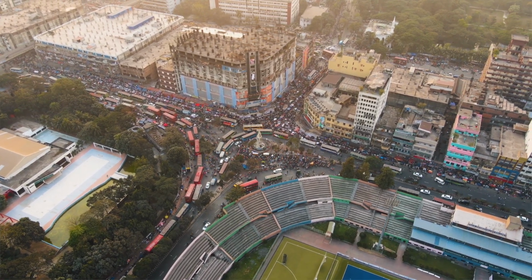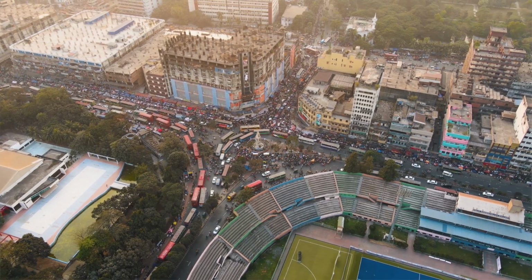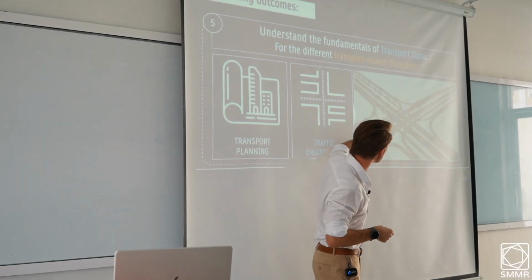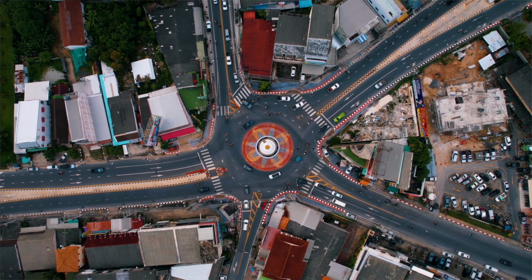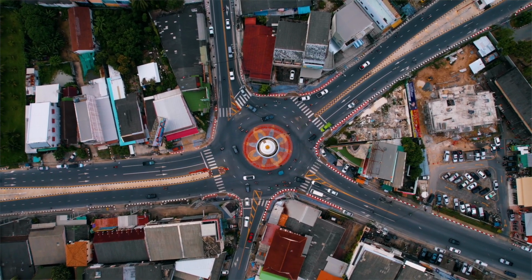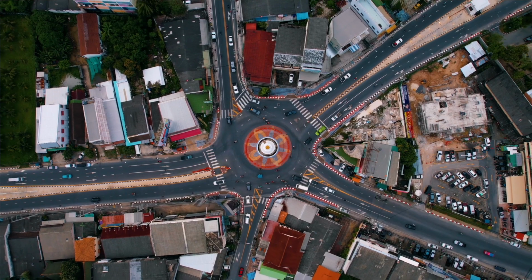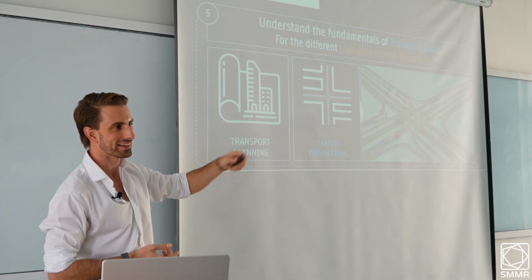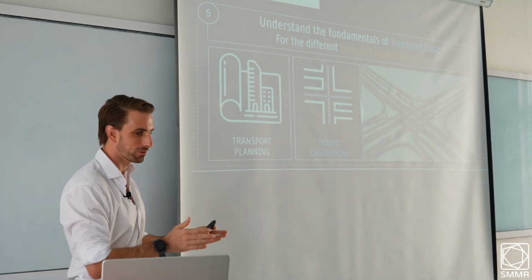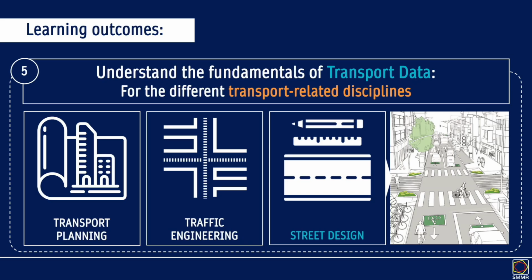The engineer will look at it, analyze the situation, and he will find a solution. So maybe he will reconfigure the roads so vehicles flow better or there's less accidents, or maybe he will reprogram the traffic lights so there's better flow. And that's the job of the traffic engineer, and he needs a different kind of data. And we'll look at what that looks like today.